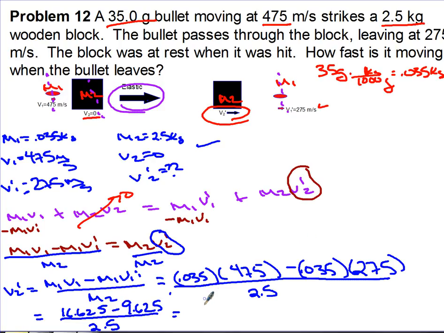Divided by 2.5, and I get a final velocity of 2.8 meters per second.